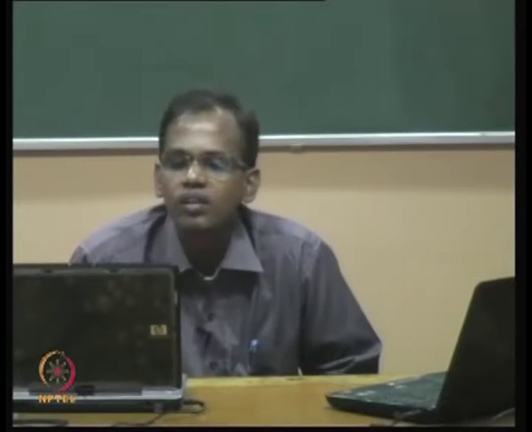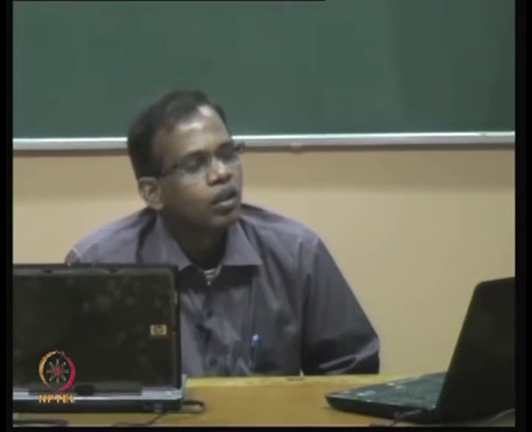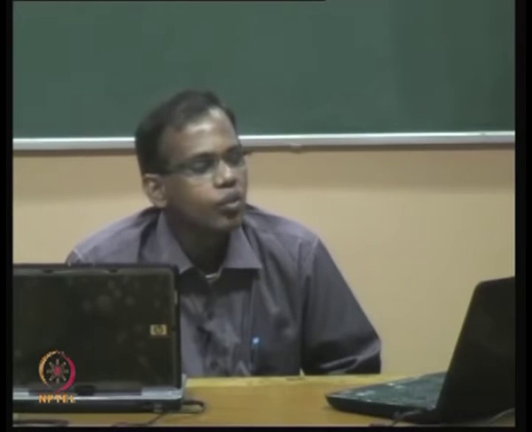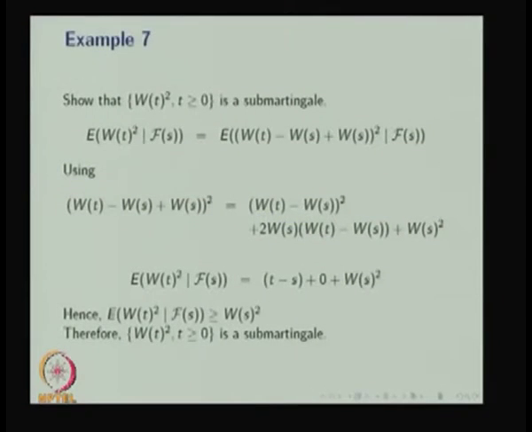Now we present that Wt square is a submartingale, where Wt is a Brownian motion. Wt is a Brownian motion, so we are going to use the property of Brownian motion. That is one particular important stochastic process which has a lot of applications in financial mathematics. So here we are going to prove Wt whole square is a submartingale. How?